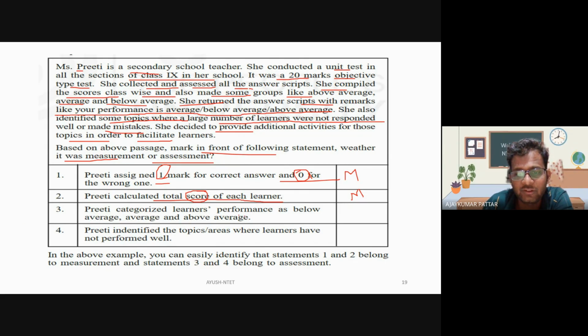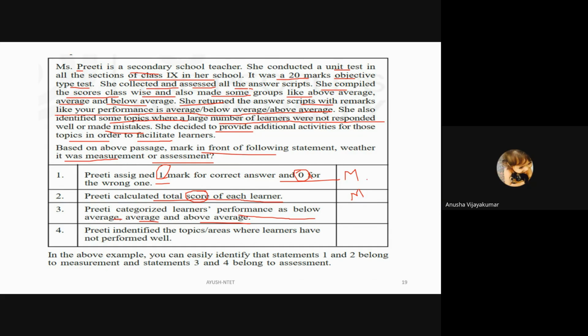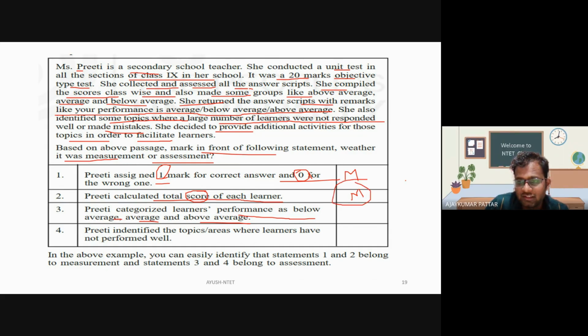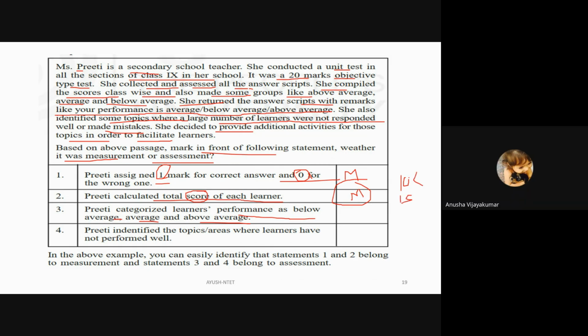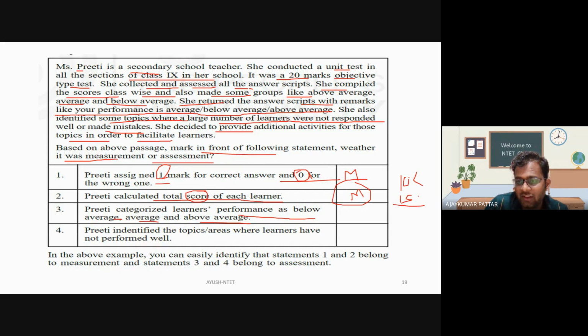Then Preeti categorized learners' performance as below average, average, and above average. What is this thing? Assessment. Based on these numericals, up to 10 is below average, up to 15 is average student, above 15 they are above average.